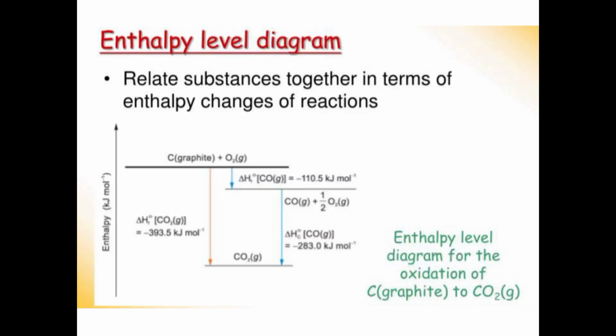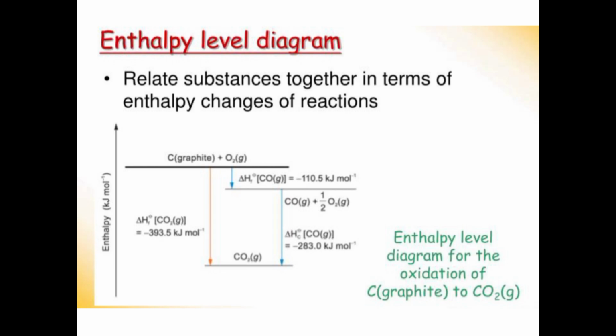Now, what's the implication of this? We can use Hess's law to generally relate substances together in terms of enthalpy changes of reactions. Look at graphite, which is an allotrope of carbon, going to CO2, where they undergo oxidation.